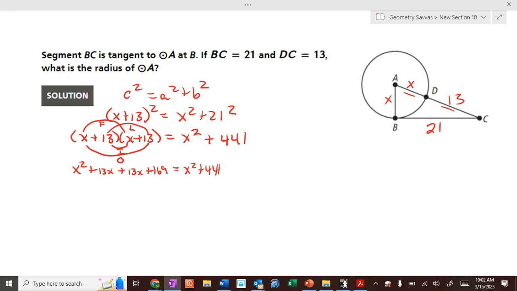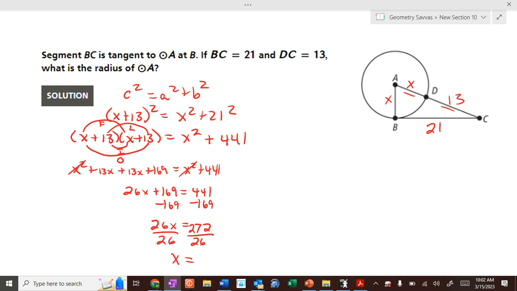So you have x squared and x squared. They cancel with each other. 13x and 13x make 26x plus 169 equals 441. Subtract 169. So 26x equals 272. 272 divided by 26.